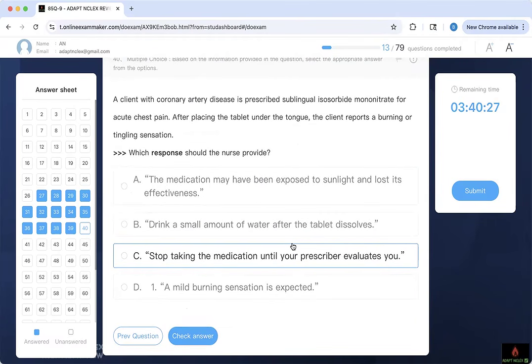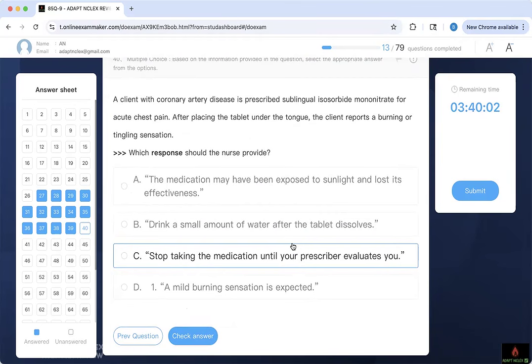Which response should the nurse provide? What do you think? A client with coronary disease is prescribed sublingual isosorbide mononitrate for chest pain. It does not matter. It's some nitrate for chest pain. After placing the tablet under the tongue, which is sublingual, you put it in the right place. Client reports burning and tingling sensation. What will you tell the patient?